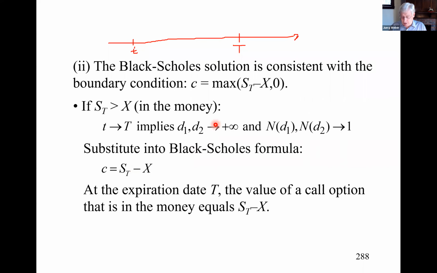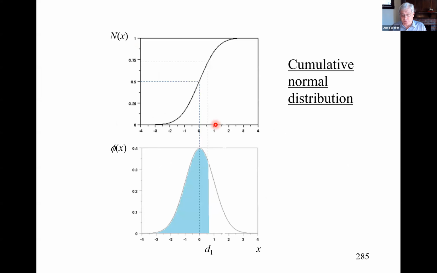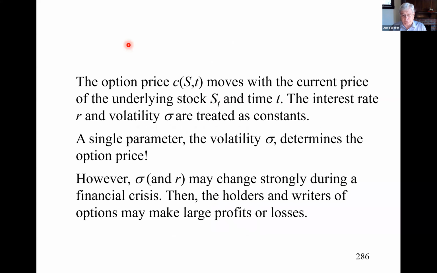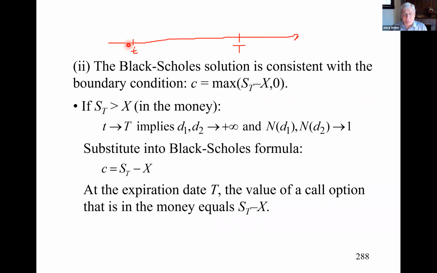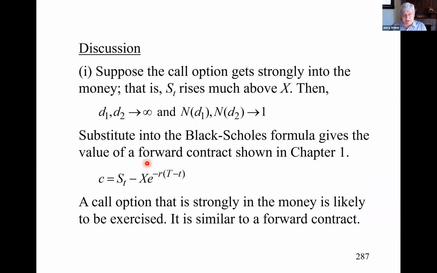And so we have the same situation as before. If this goes to infinity, then up here, the value of the cumulative normal distribution goes up to 1. So we can again plug in 1. And actually there is an additional step here.